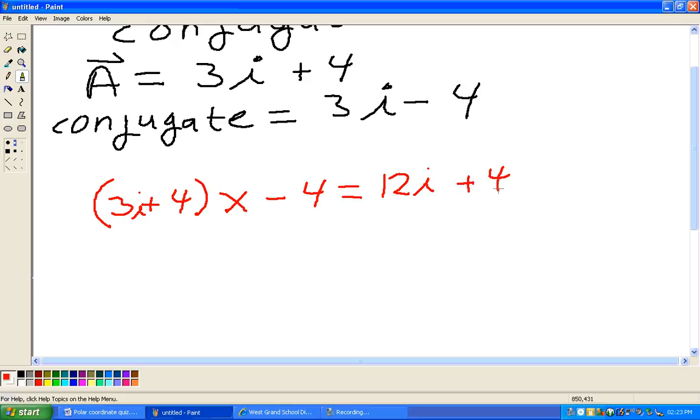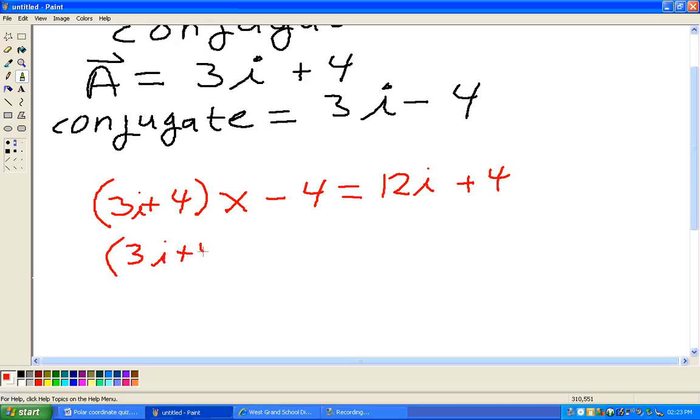To solve this, I am supposed to get x by itself. So what's the first thing I'm going to get rid of? I'll add 4 to both sides, and what will I have? 3i plus 4 times x equals 12i.